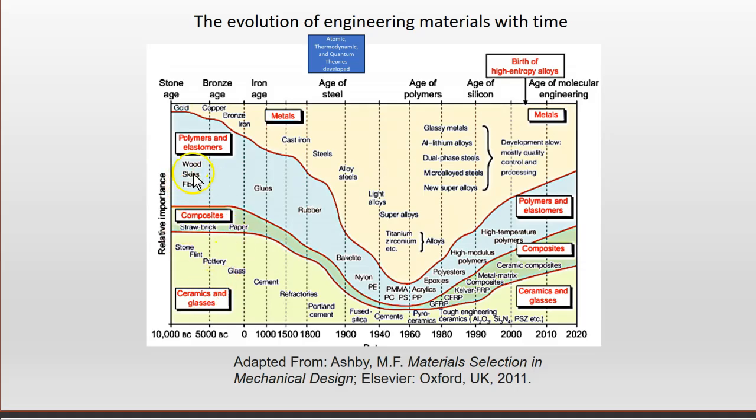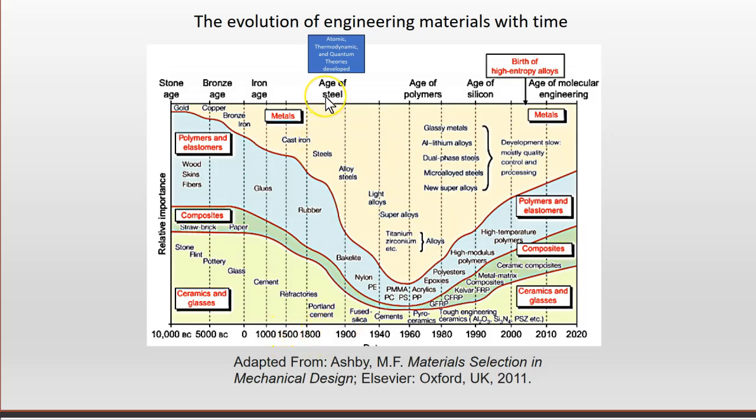And then we see that about 50% is naturally occurring polymers and elastomers in the form of wood, skins, and fibers. And another 50% roughly is ceramics in the form of pottery. As we move through eras of human civilization, we go from the Stone Age, Bronze Age to the Iron Age around 1000 AD.